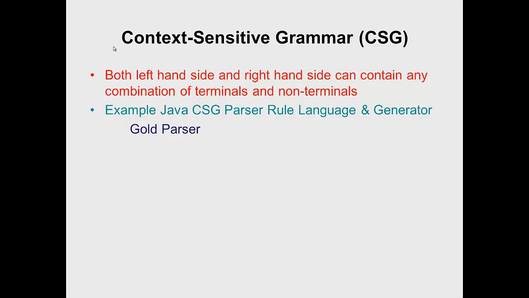One example of a language for generating Java CSG parser grammar from rules is the GOLD rule language, the GOLD parser, and I will do a short demo of that to show you what I'm working on with the GOLD parser in a separate presentation.